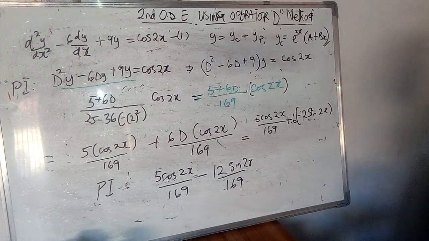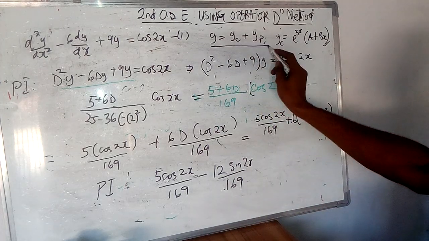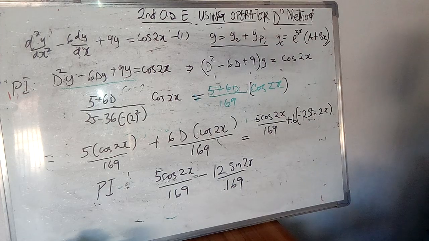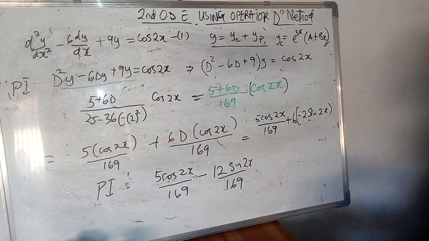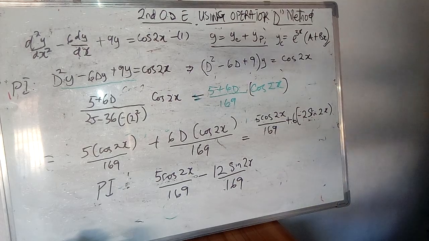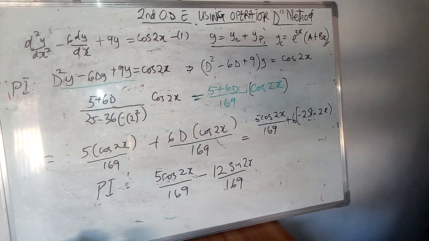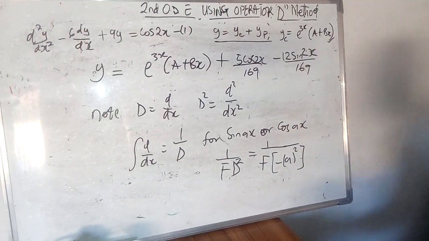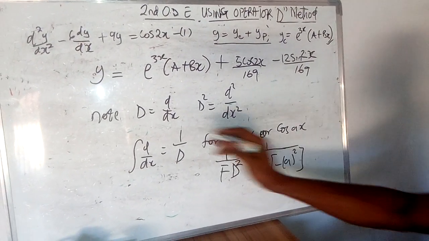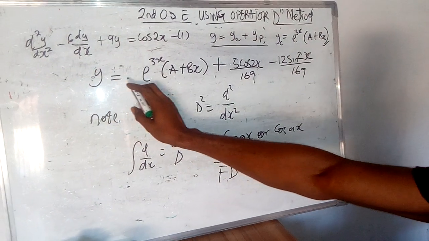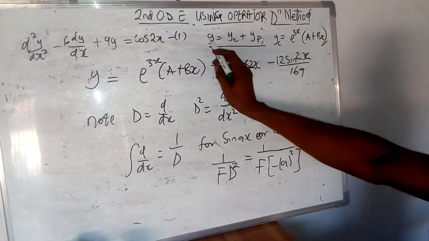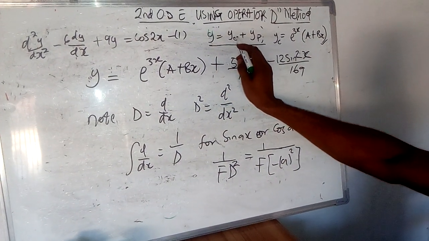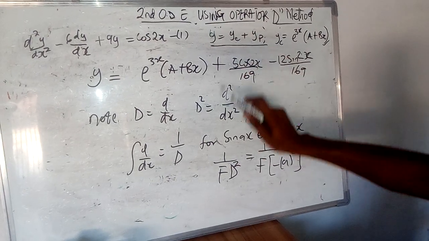And recall, our solution is the complementary function plus the particular function solution. This will give us the general solution, because our solution is y equals complementary function plus particular function solution.